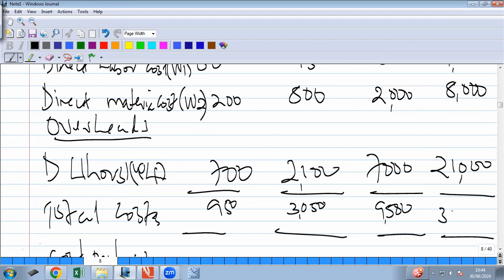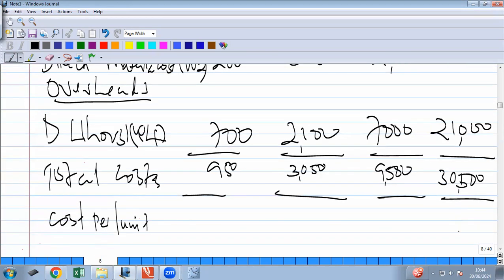Then 500, 30, 10, 500, or 3,500, like this. Okay, let us get the cost per unit divided by the units. For this, 305. 305 for A.